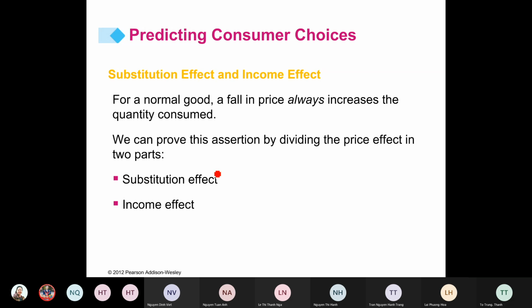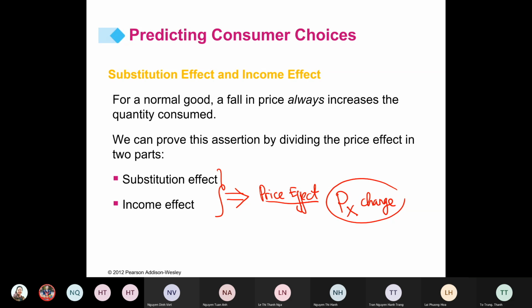That is what we call the price effect, that is when the price of a good changes, right? When the price of a good changes, what we see is the price effect. And now we separate in more detail the price effect into 2 parts. One is the substitution effect and one is the income effect.